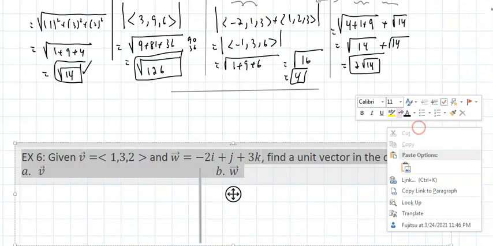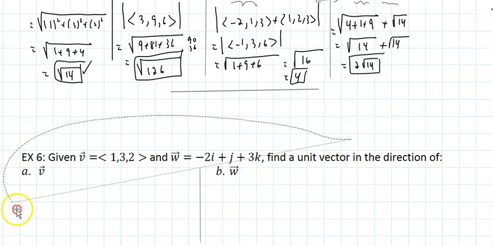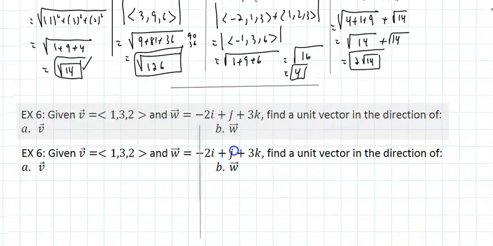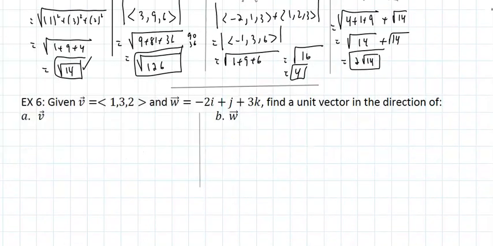If I go for the next problem, given this is v, given this is w, find a unit vector. If you remember, a unit vector in the direction of v would be v divided by its magnitude. I already found that. Well, what's the magnitude of v?